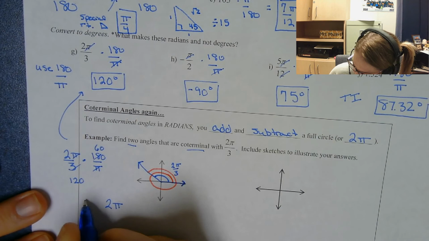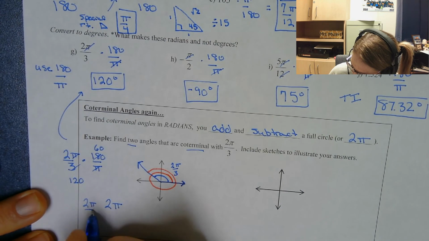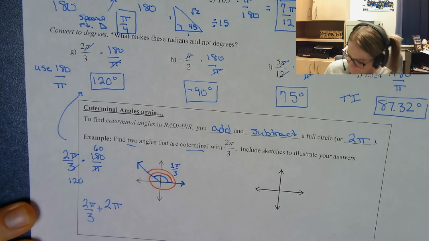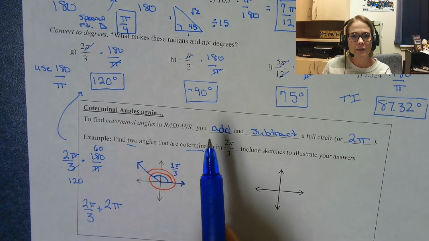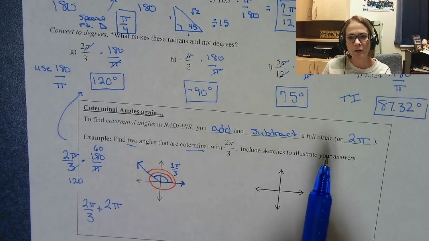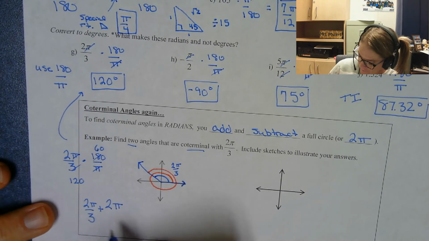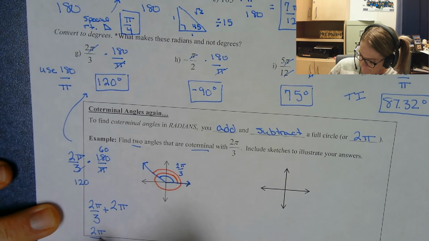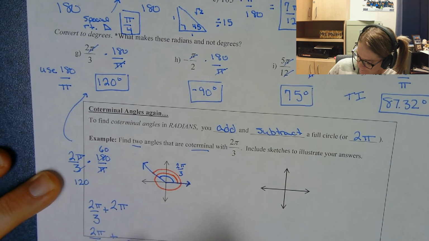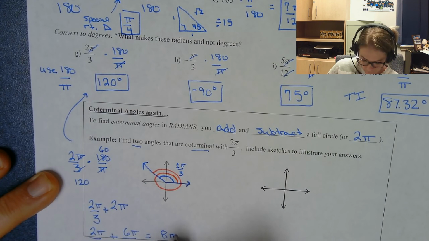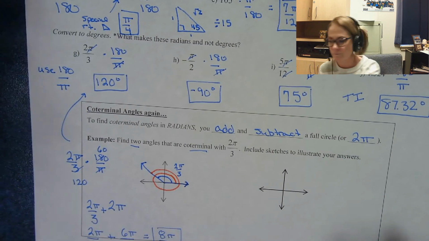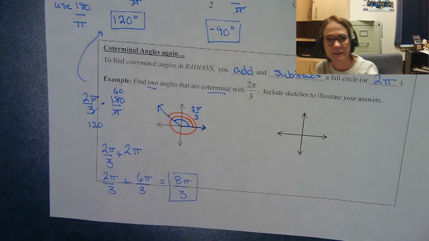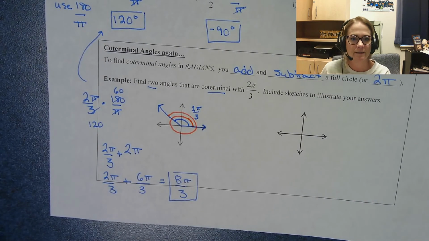So you can write that as 2 pi over 3 plus 2 pi. Even though I started with the first rotation and then added on what was given, just as a general rule, you can add and subtract a full circle. All right, so then just common denominator of 3, so that's 6 pi. So this is 8 pi over 3, coterminal with 2 pi over 3. They start and stop at the same spot, it just makes another rotation.